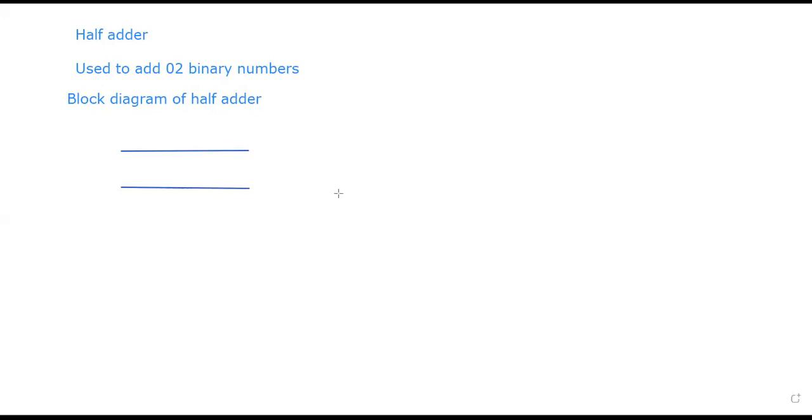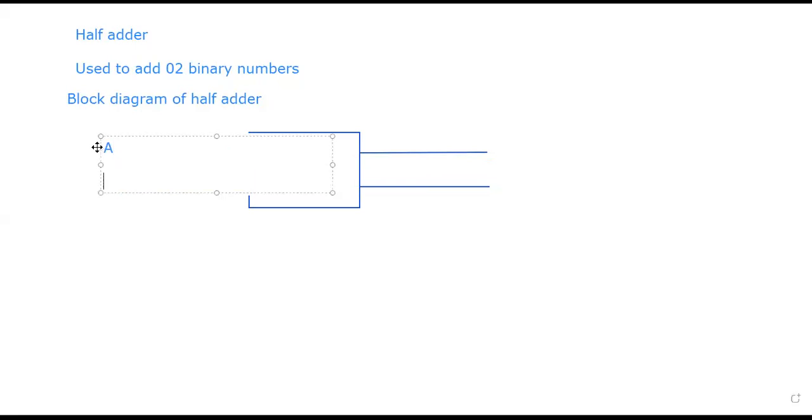We need to have the block diagram and two outputs. Let us imagine the two inputs are A and B, and this is the half adder. Let me name it.